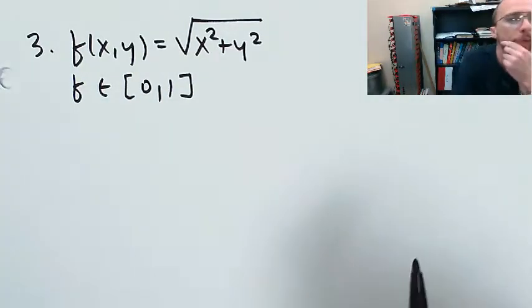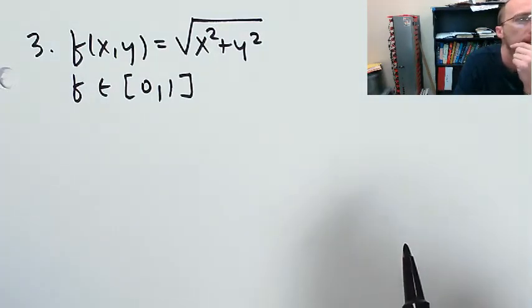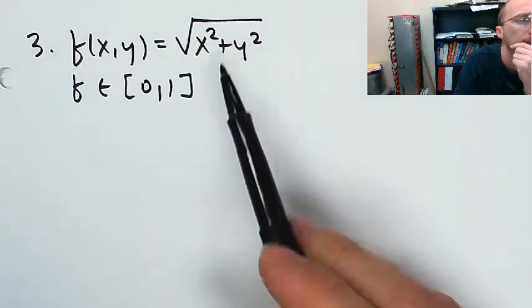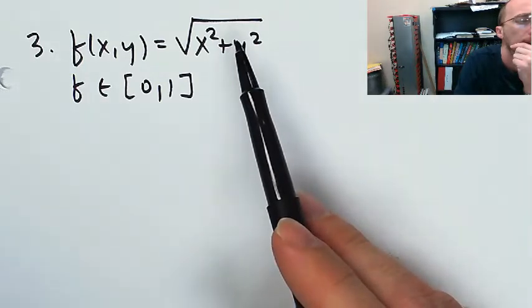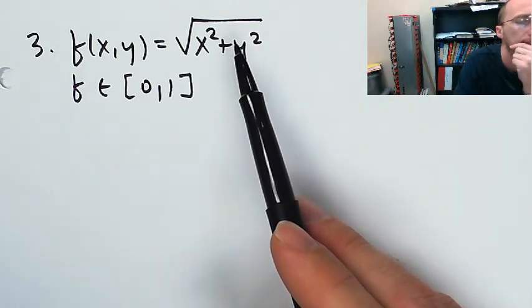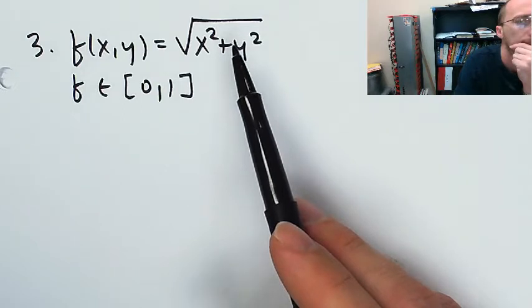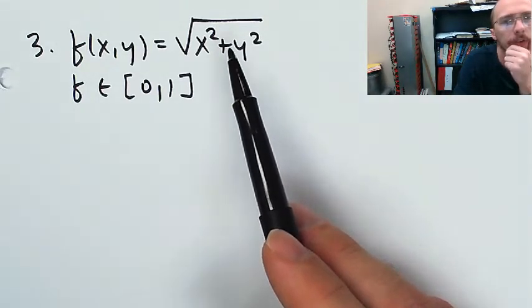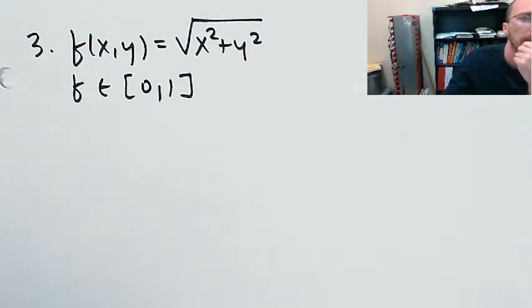The square root of x squared plus y squared, well, it's definitely going to have circular cross sections. Let me think about this for a second. On one hand, I think it's, no.